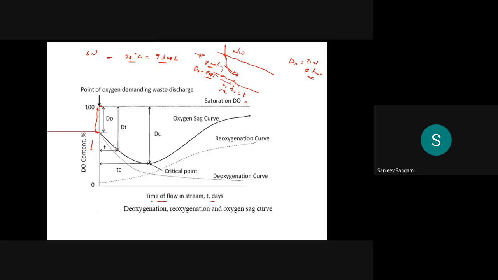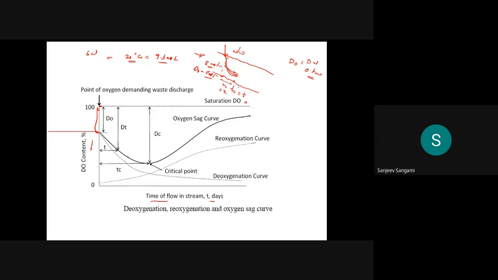Then this is the point at time t. Assume that it is the time t where you can see that Dt means DO at time t. At t here, what will be the DO at x distance and t time?